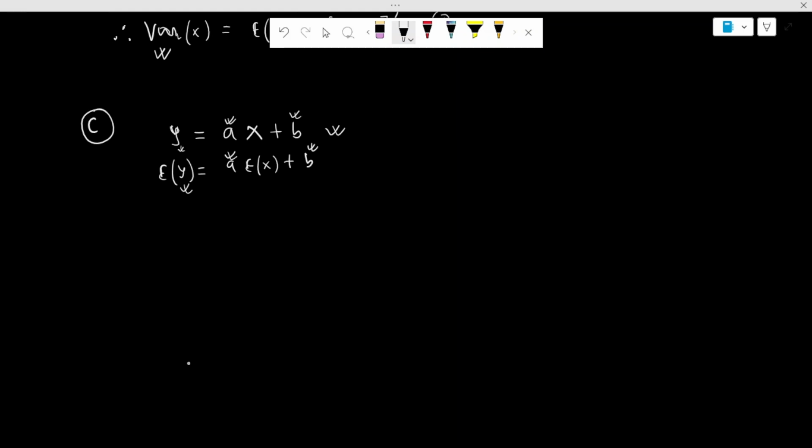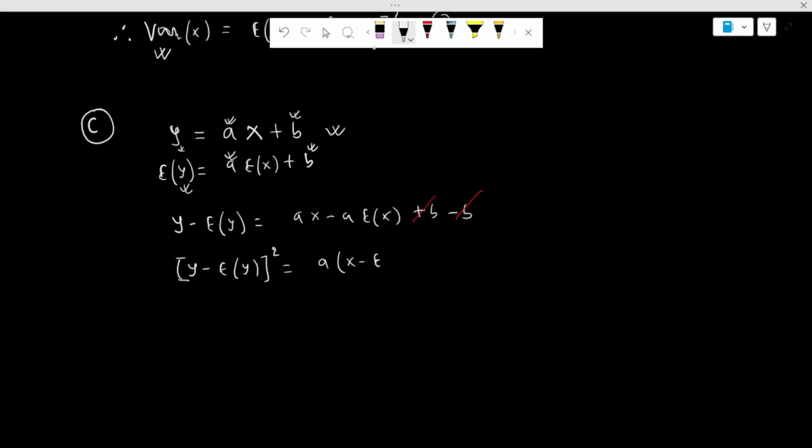Now from these two, let us subtract them. So let us square them, y minus expectation of y, and if we take its square, first of all, let us take the common factor, a times (x minus expectation of x), and as we have squared our left hand side, this is equal to a squared times this.